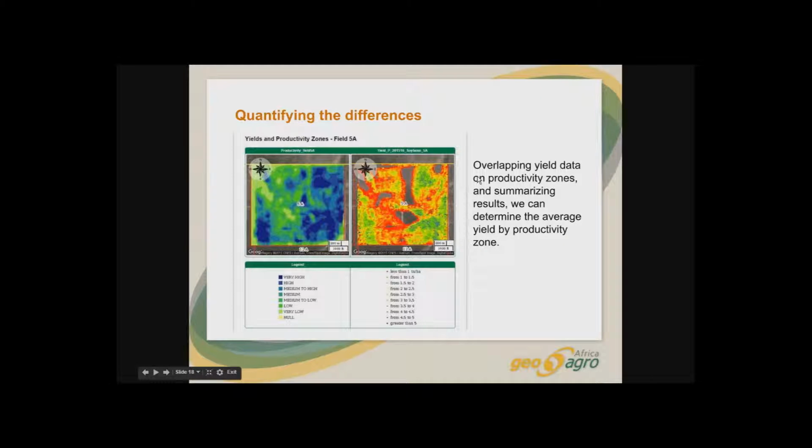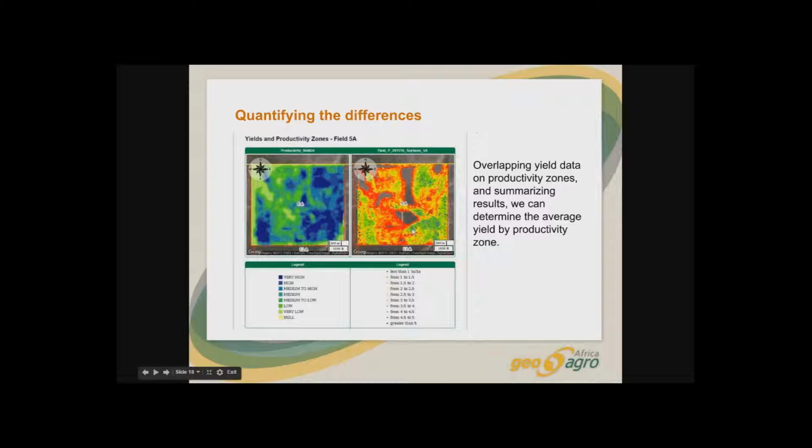So we were talking about the differences. On one hand, you have the productivity map that gives you qualitative differences, from areas of very high to very low historical yields.